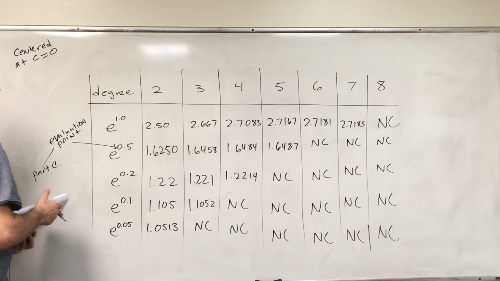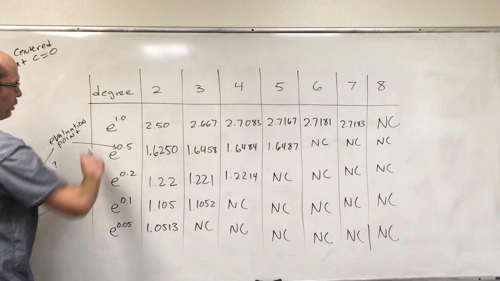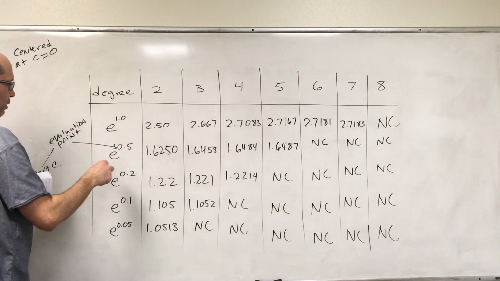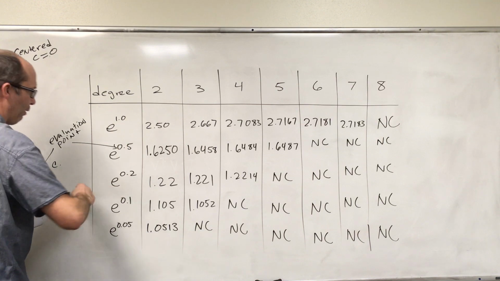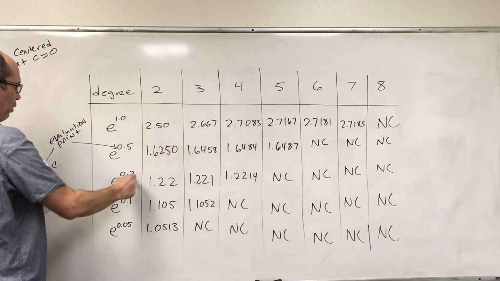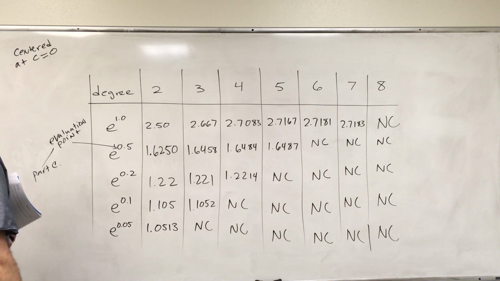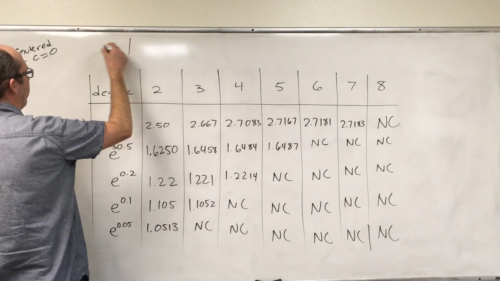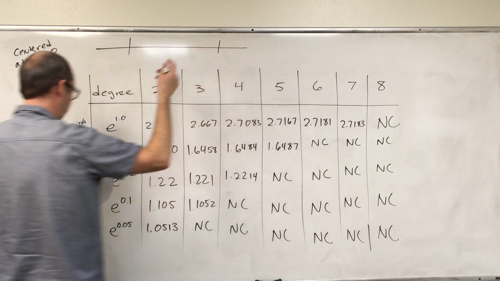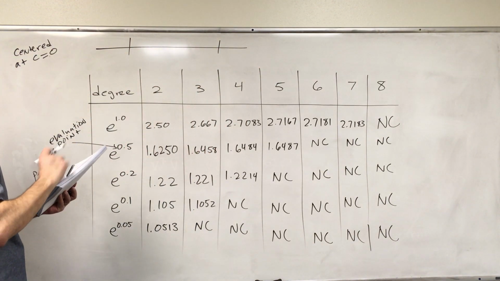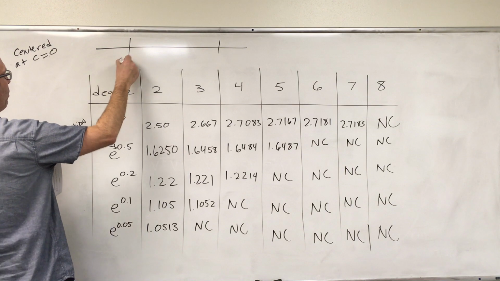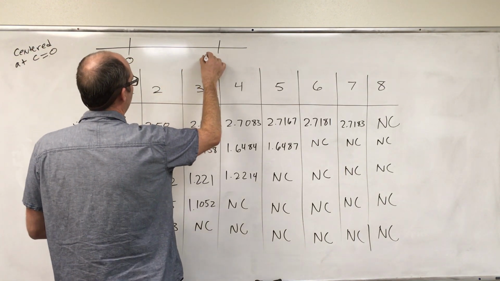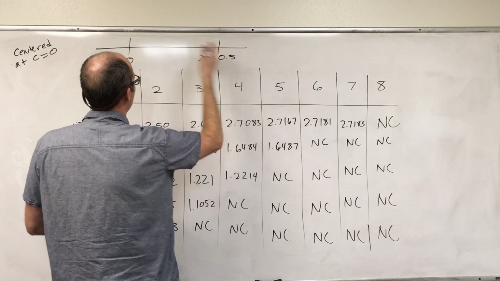This is part C. The evaluation point changes for each of these rows. The evaluation point for this row is 1. The evaluation point for this row is 0.5. Evaluation point for this row is 0.2. Okay. All right, so what is the distance between the center point, which is 0, this is c equals 0, and x equals 0.5?